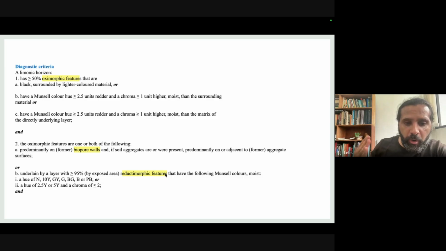We just call them oxy or reduximorphic features in the soil taxonomy, and here it should be called oxymorphic or reductimorphic. So we have different words for them.